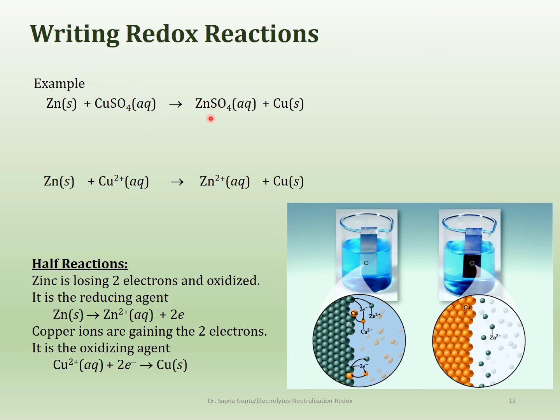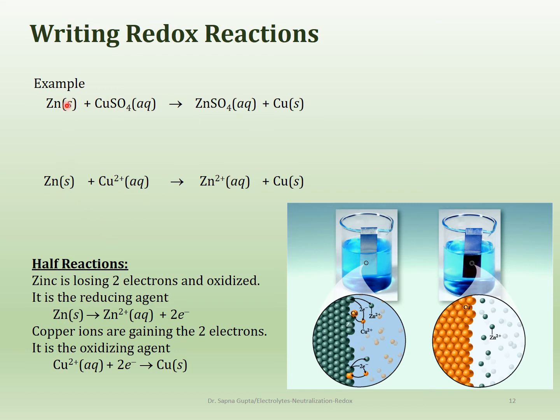So let's not write sulfate anymore in our ionic equation. We don't really have ionic equations in redox reactions. It's a little bit different kind of a reaction system. But let's go ahead and take out the sulfate because these two are common on both sides.